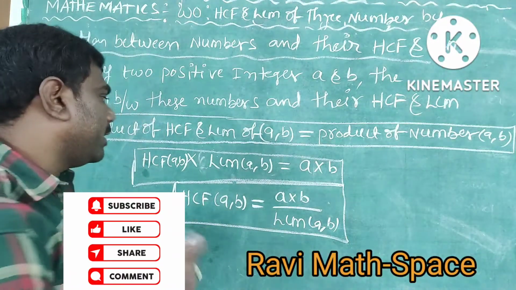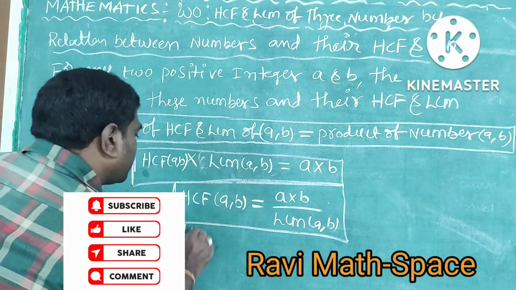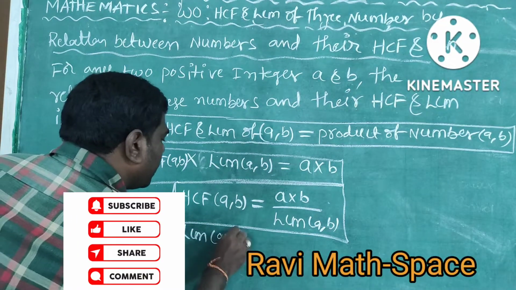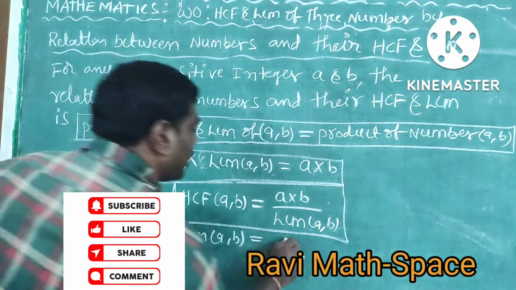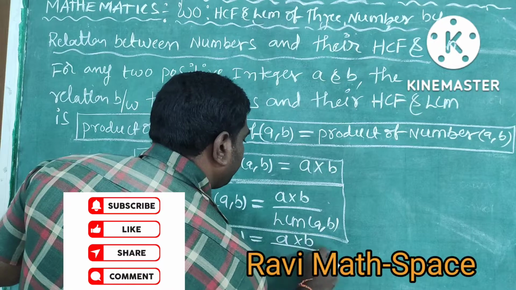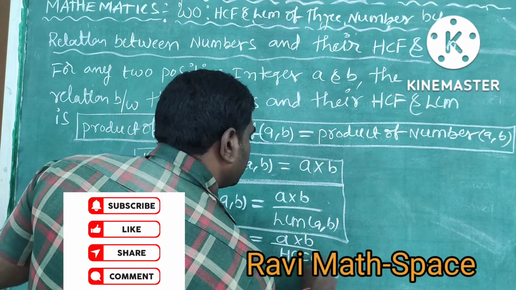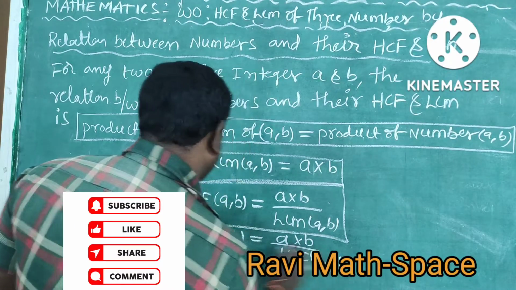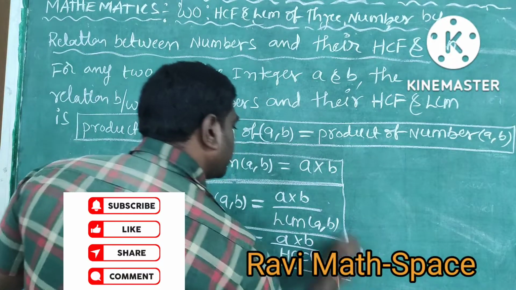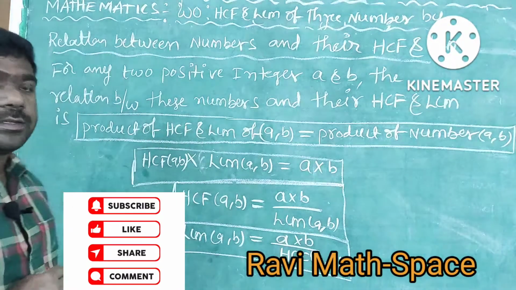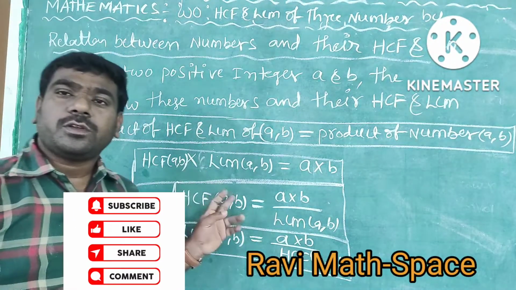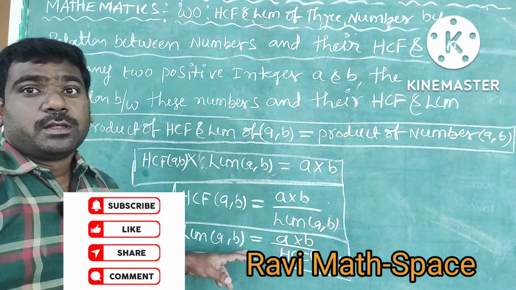In a similar manner, we can write the LCM also. LCM of A and B is equal to the product of the two numbers divided by the HCF of the two numbers. These are the two sub formulas.